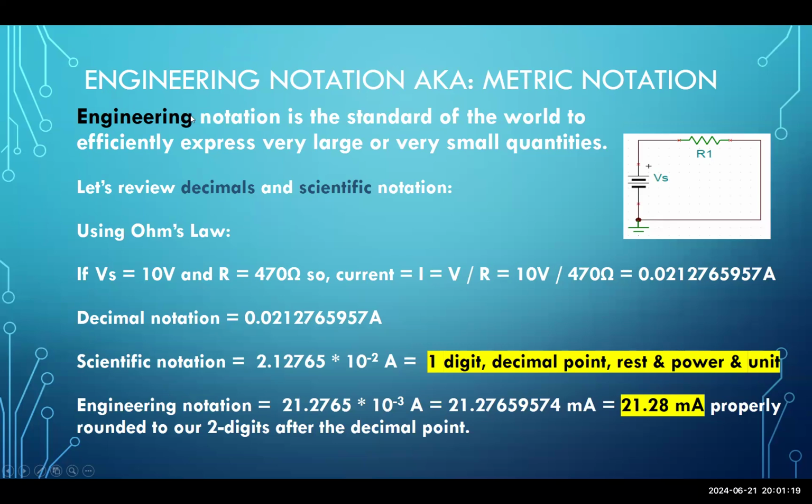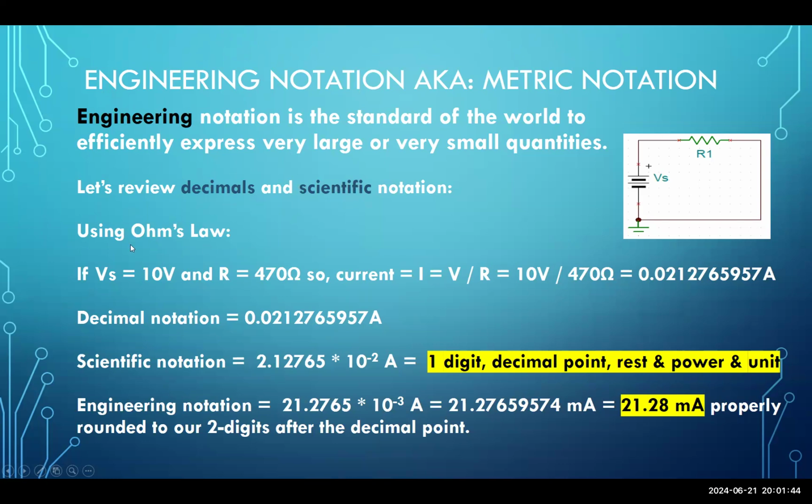And why is this important to us? Engineering notation is the standard of the world to efficiently express either very large numbers or very small quantities. That's to distinguish engineering notation from what we learned back in grade school, decimals, and what we may have learned in middle school, scientific notation.